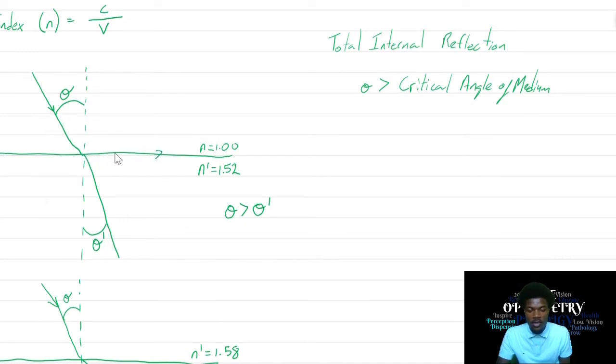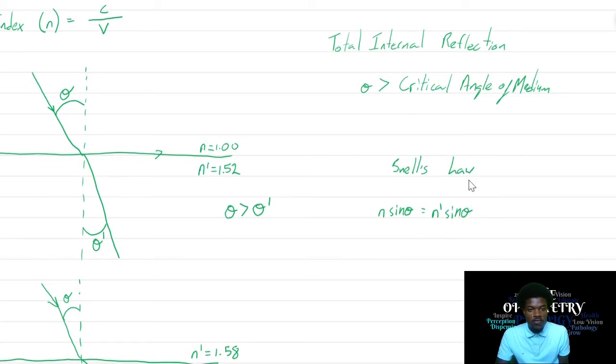As it hits 90 degrees, if we set that angle at 90 degrees, now we have to bring in what we call Snell's law. Snell's law is used to find refractive index, can be used to find the angle of incidence, the refractive index of the other medium, and also the angle of refraction.